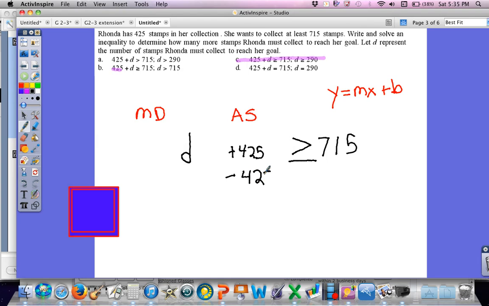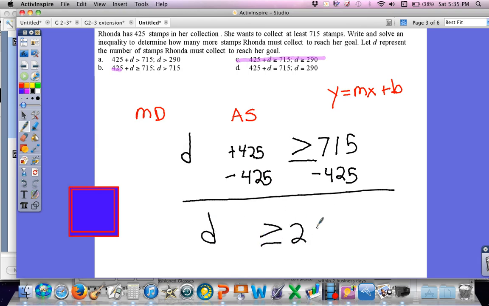We'd model that or show you algebraically, and D would be greater than or equal to 290. It's always good to check this because let's say I also had a choice here that said E, none of the above. I want to check and make sure that the math works.